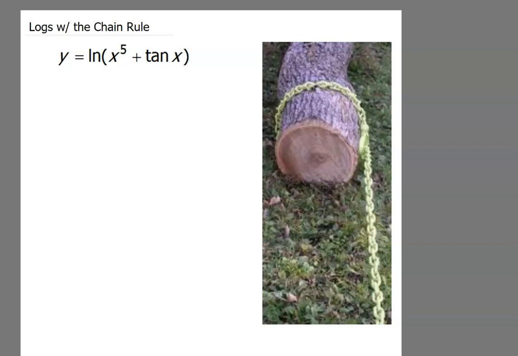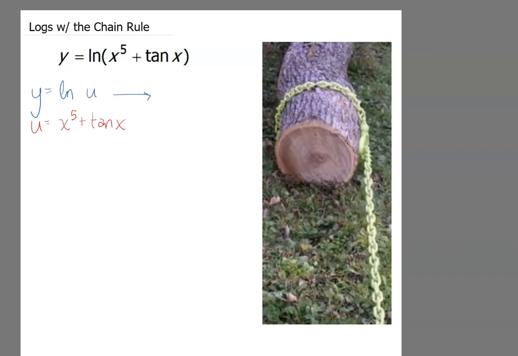So just as we did with exponentials, we're going to do the chain rule process the kind of sort of long way, once, and then never again. Here, we see that we're taking, let me go with my standard colors, blue and red. So I see that I'm taking natural log of some stuff, and that stuff is x to the 5th plus tangent x.